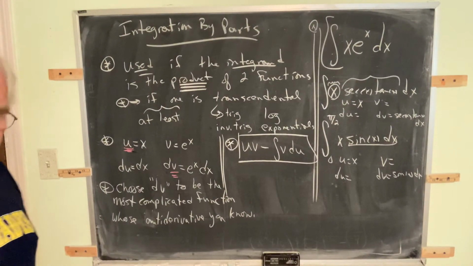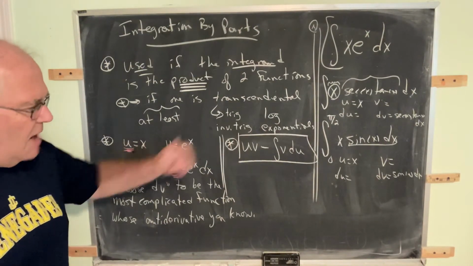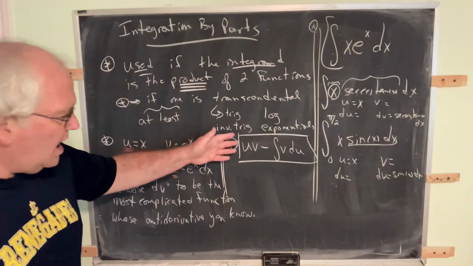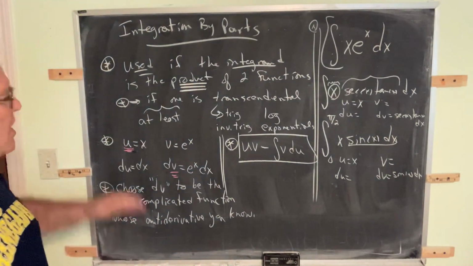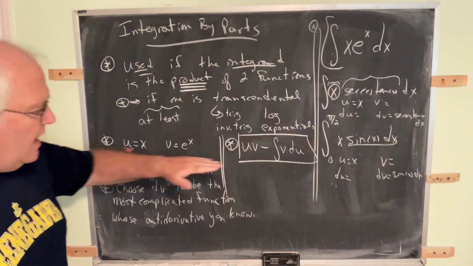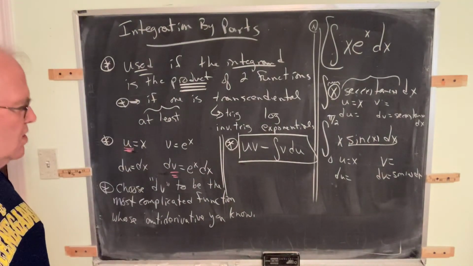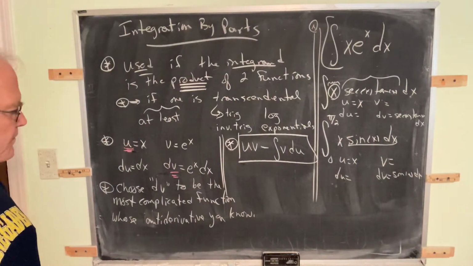I might do a little video here later on explaining where this comes from if you're interested. But in terms of nuts and bolts, you need to take these parts and construct that integral: uv minus integral v du.